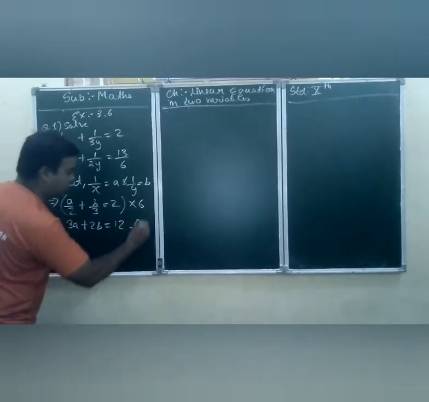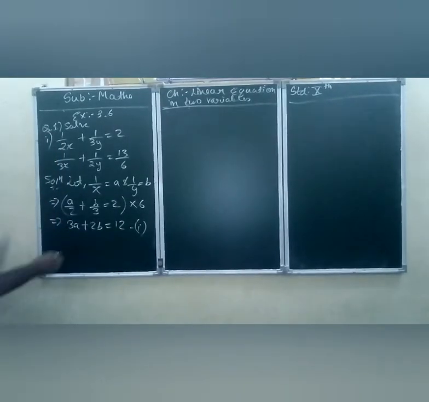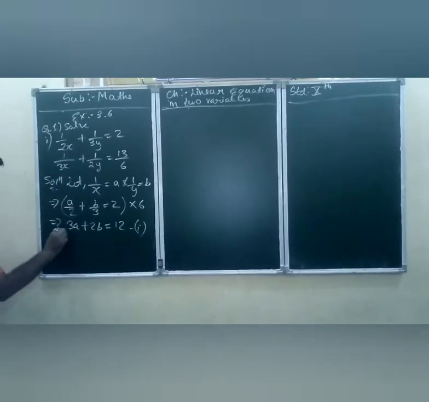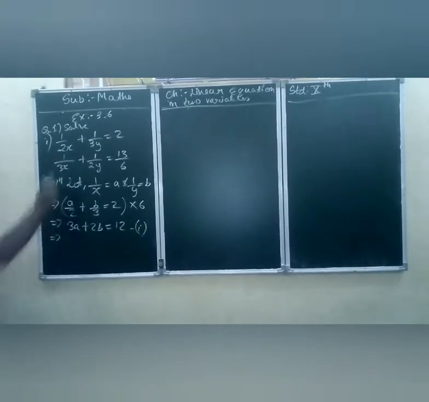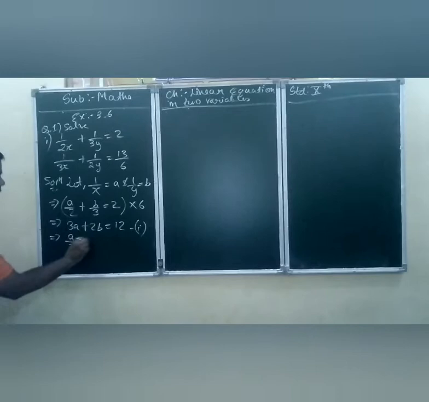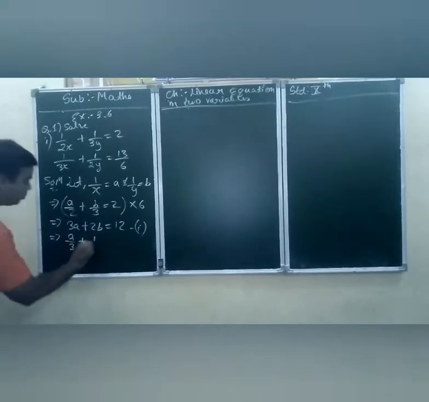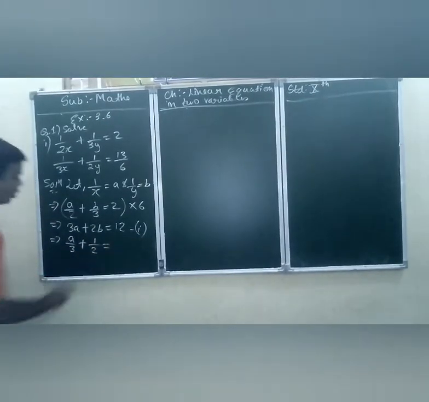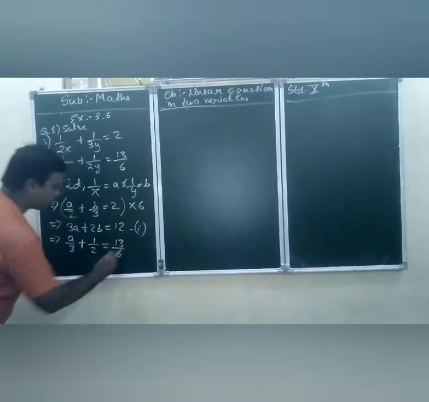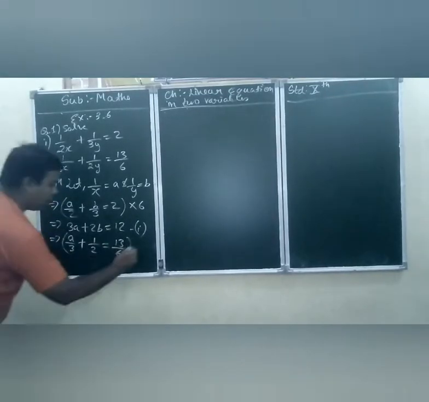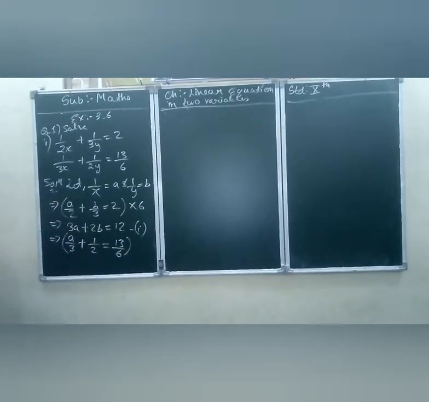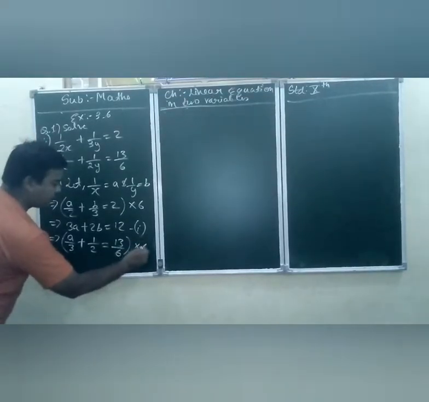This is the first equation. Now the next one: 1/3x means a/3, plus 1/2 b, is equal to 13/6. Again multiply by 6.